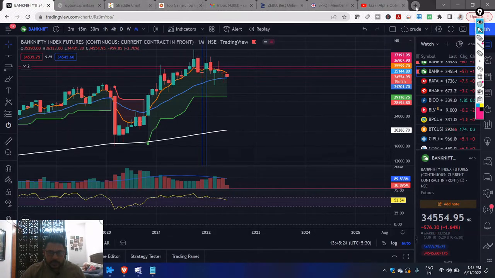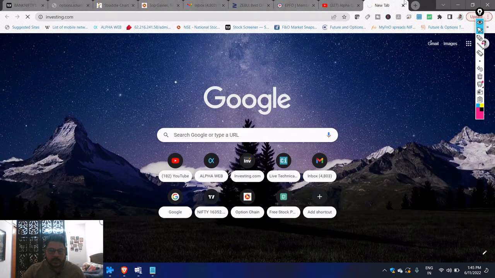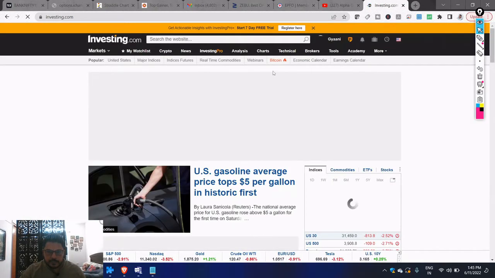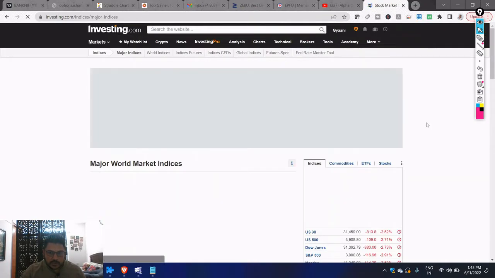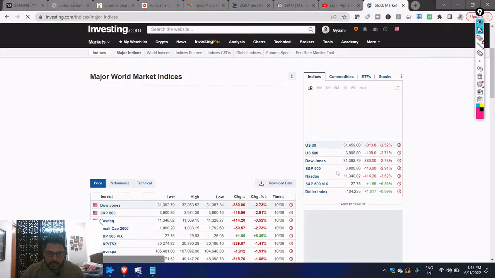Let's check on investing.com what the performance of the US markets was. We'll get a fair idea from there. Go to investing.com, click on major indices, and you will be able to see the Dow Jones was 880 points down.